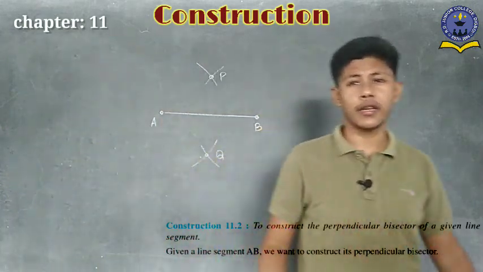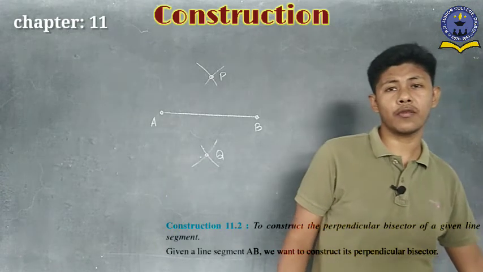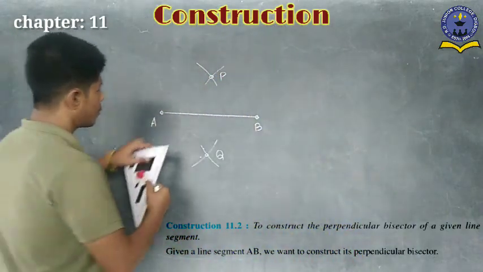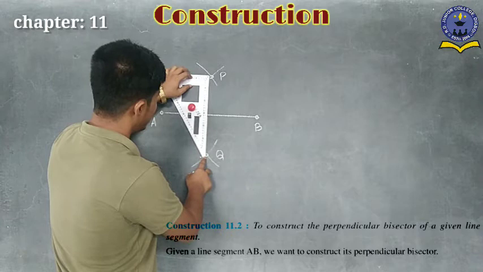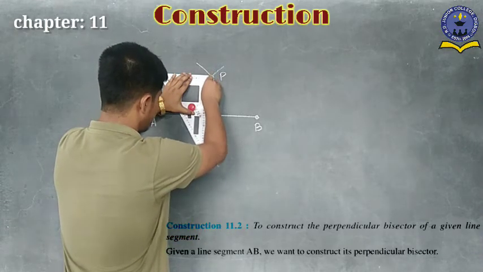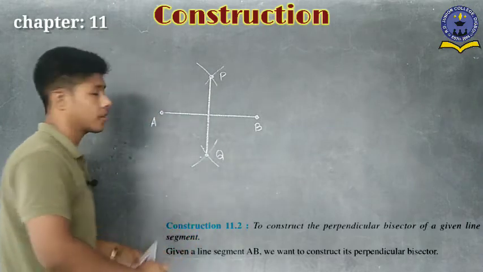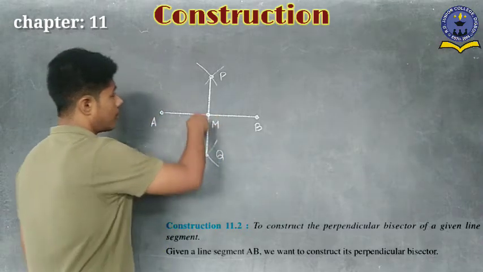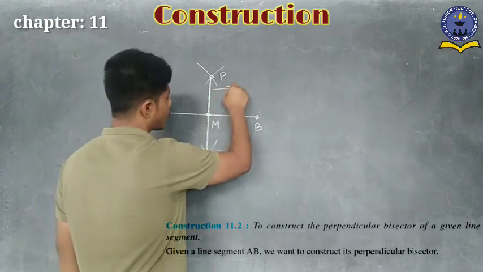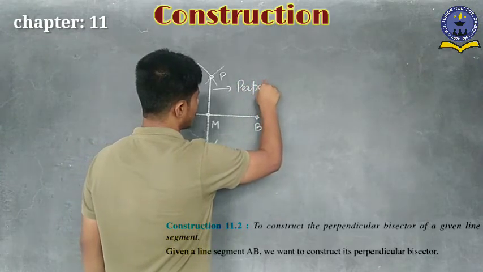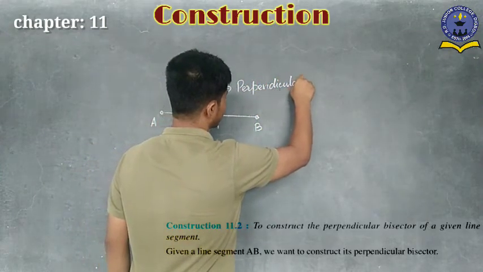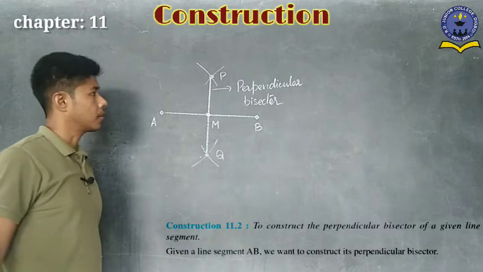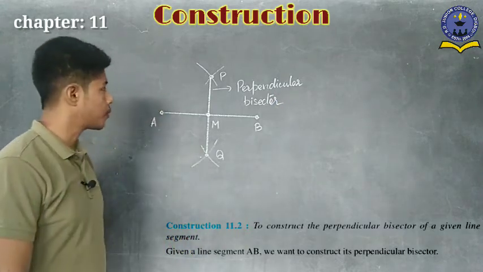If we join P and Q, PQ intersects AB at one place, is it not? And we denote it by M. So if you draw the line here, this line intersects AB at one place, and we mention this point as M. This line PQ is known as the perpendicular bisector. Perpendicular bisector. All of you understood this one? So it is known as the perpendicular bisector.